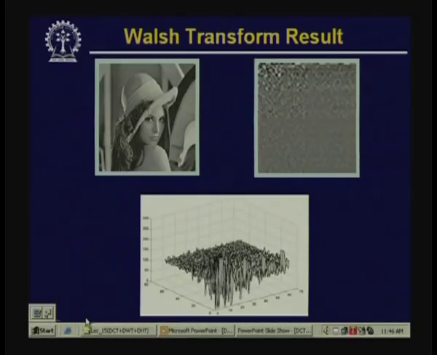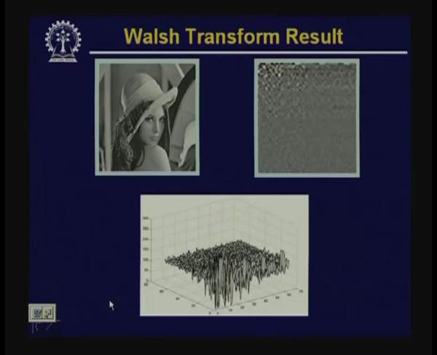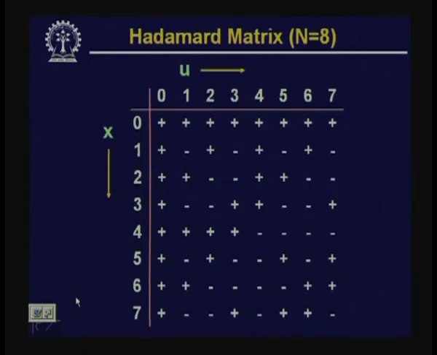So, to see what this Hadamard matrix is, you find that for different values of x and u, the Hadamard matrix will look like this. So, here we have shown a Hadamard matrix for Hadamard transformation of dimension 8. So, for n equal to 8, this Hadamard matrix has been formed, and here plus means it is equal to plus 1 and minus means it is equal to minus 1.